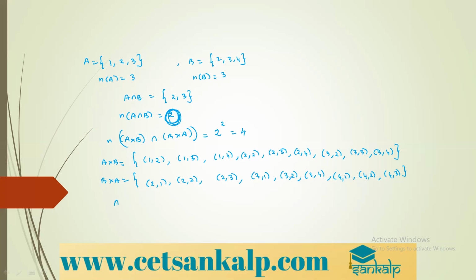We will take A cross B intersection B cross A. This is the set. What is common in both? You can see (2,2) is present in both.